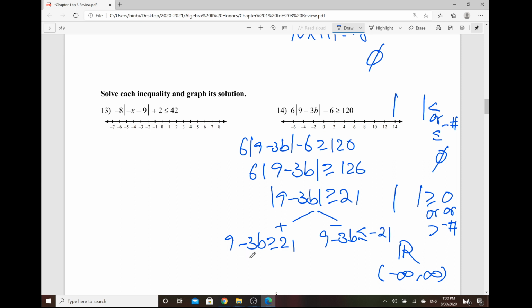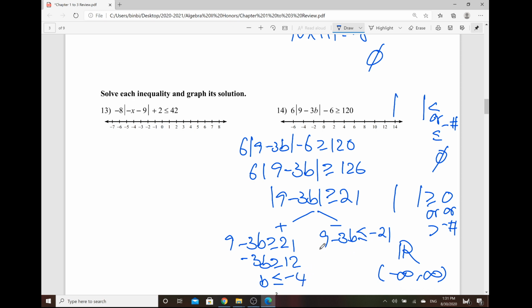Now you want to solve for b. So negative 3b is greater than or equal to 30. Well, let's see. Minus 9, then that would be positive 12, excuse me. Now you want to divide by negative 3, so b is less than or equal to negative 4.